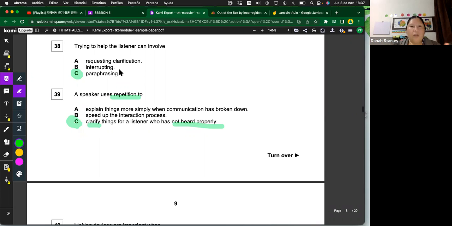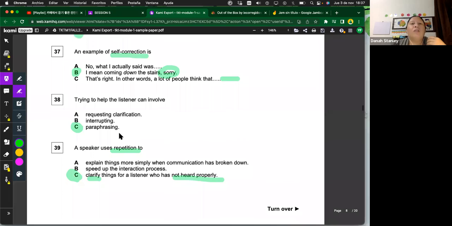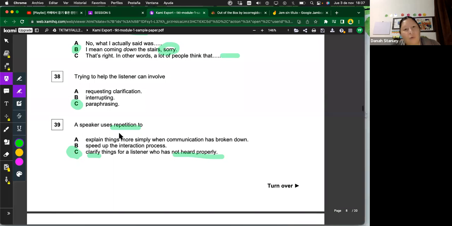So if you don't understand, you ask for clarification. Interrupting, no, you are not helping the listener, because they are just receiving. Paraphrasing is repeating what you said and found was not really clear, and you say the same idea in other words.